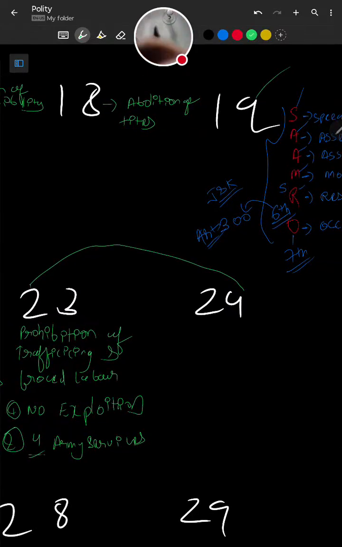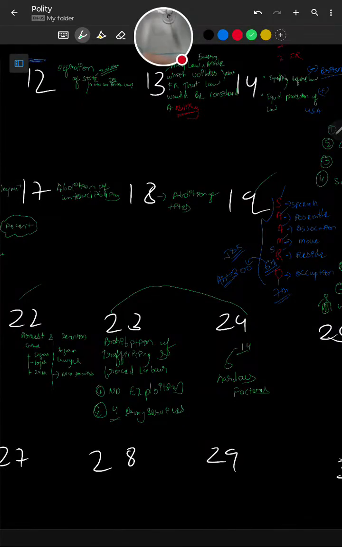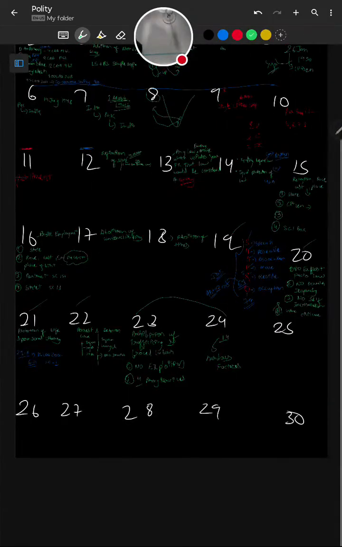Now 24 talks about the prohibition of employment of children in hazardous conditions. Children under the age of 14 can't work in hazardous factories. That is basically 23rd till 24th, that is exploitation.